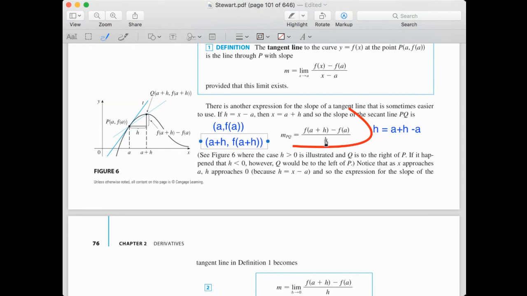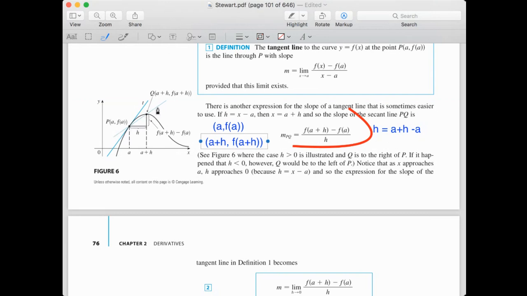One point is a, which disappeared in the denominator because h is a plus h minus a. We have one point a, f of a. Another point is a plus h, f of a plus h. So two points, right here. With these two points, we can connect them.